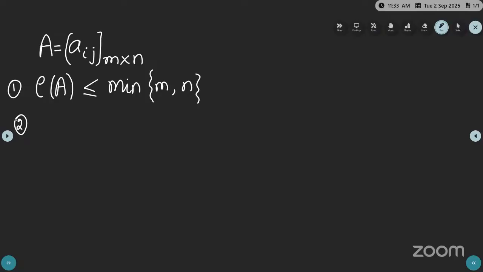Next, if A, B are two matrices of the same order.